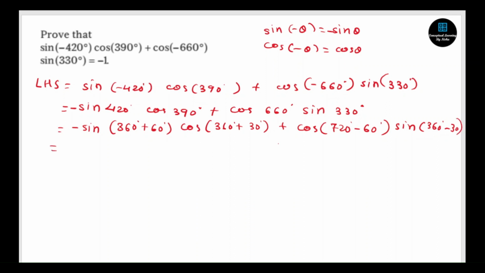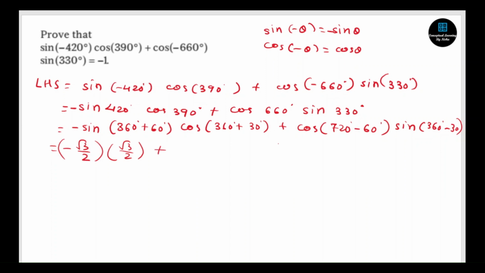Now this is first quadrant. So sine 60 is minus root 3 over 2 into cos 30, again root 3 over 2 I get, correct, plus 720 minus theta.